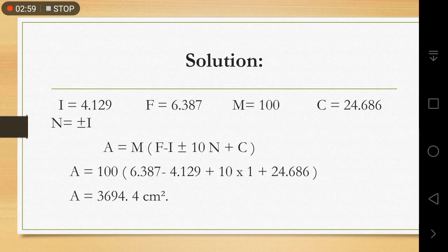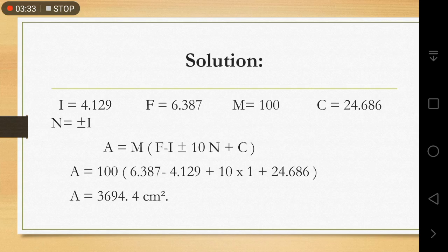So the solution: the initial reading equals 4.129, the final reading is 6.387, the value of M equals 100, the constant is 24.686, and the number of zero passes is plus or minus 10N. So the area is M times (F minus I plus or minus 10N) plus C. Mao na siya ang atong formula nga gamiton.